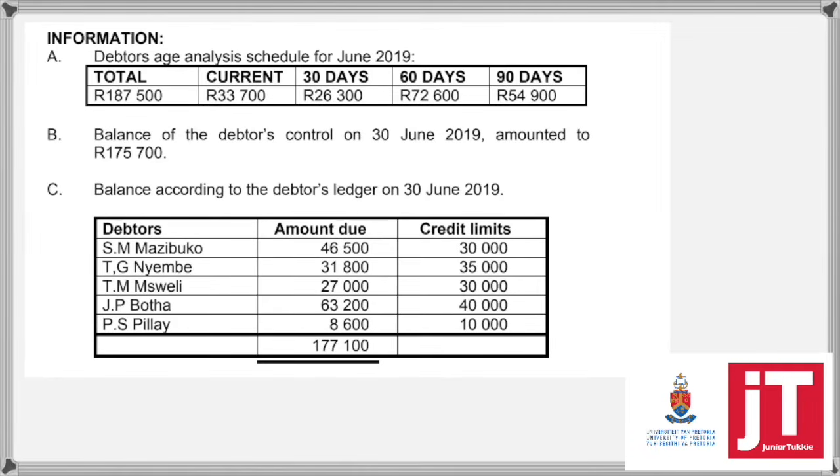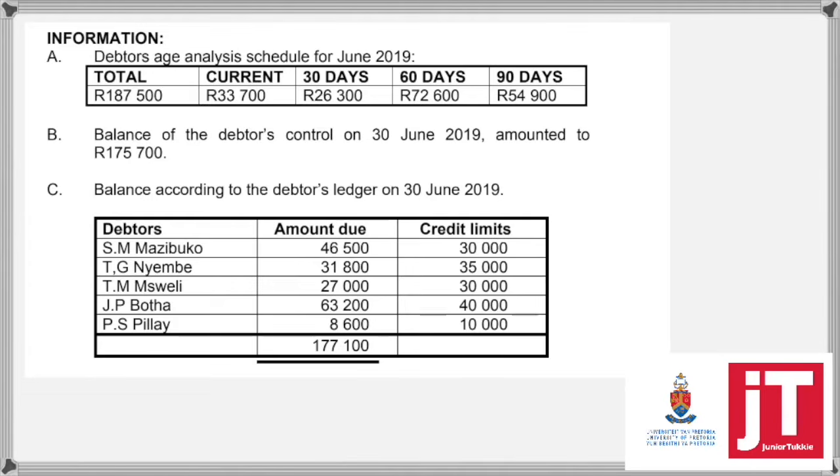If I look at the information provided, they've provided us with an age analysis, the balance of the debtors control, and the balance according to the debtors ledger. So please make sure that your step number 1, when you're completing this type of question, is that you show all the amounts provided to you in brackets.